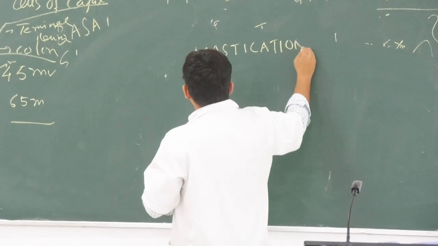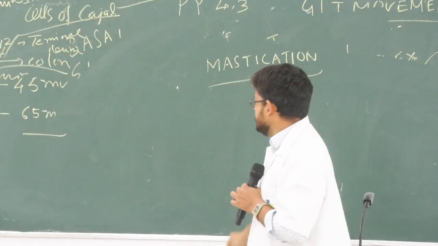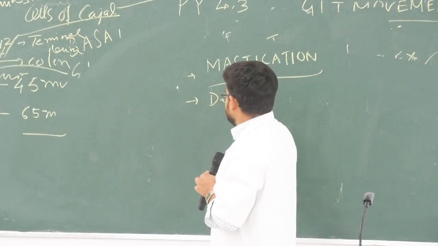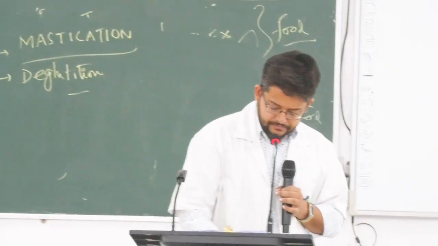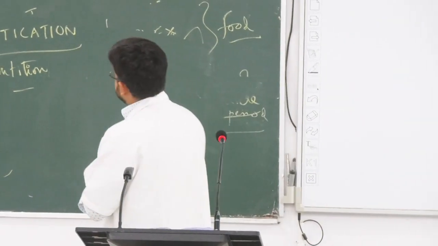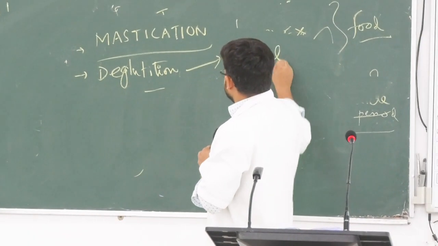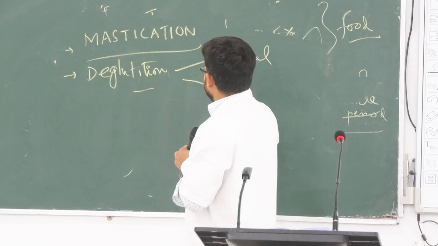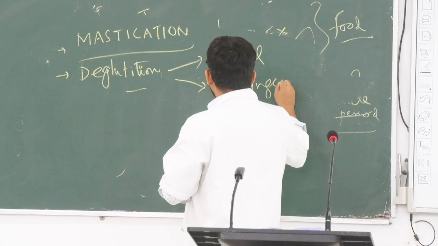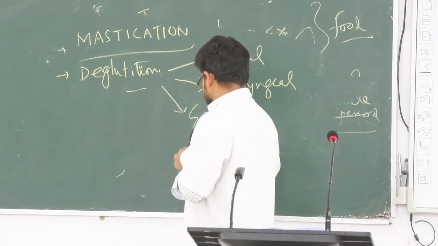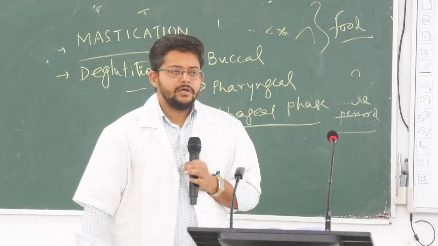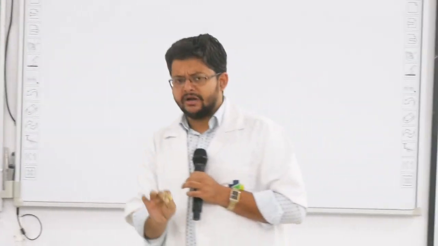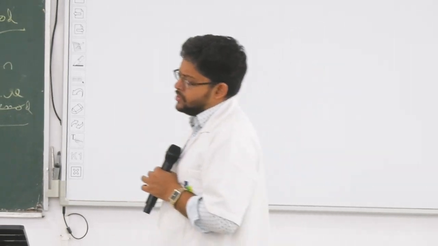Looking at the mouth and esophagus, the movements at the upper part of the GIT, one is mastication, the second is deglutition. Deglutition also has three phases. One is the buccal phase, one is the pharyngeal phase, and the other is the esophageal phase. Some areas here are important, and some are difficult and need molecular-level understanding. Other areas you can write from your common sense. So we will move on quickly from here.